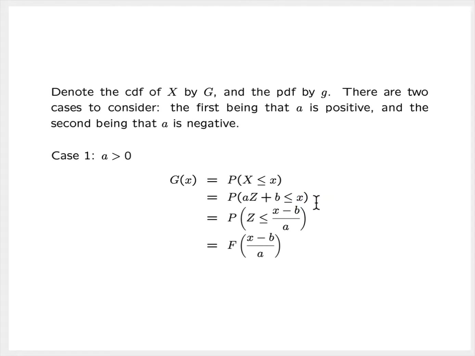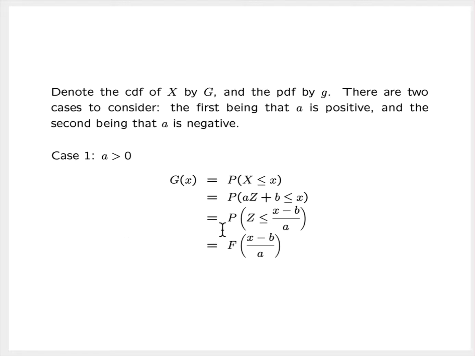Now I can rearrange things inside the parentheses by subtracting b from both sides and then dividing both sides of the inequality by a. When I do that, because a is positive, the direction of the inequality stays the same. This is why we need to consider the two cases: when we divide through both sides by a, we need to know whether a is positive or negative, because the effect on the direction of the inequality will be different.